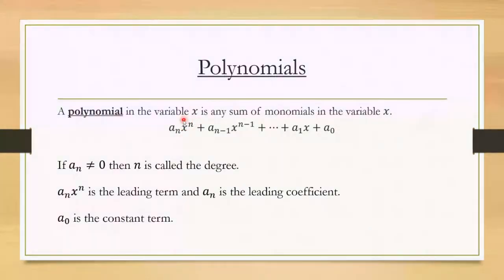The term where that happens, assuming a sub n is not 0, because if it were 0 we wouldn't write the term, the term where the biggest exponent of x is, we call the leading term. And the coefficient of that is the leading coefficient.